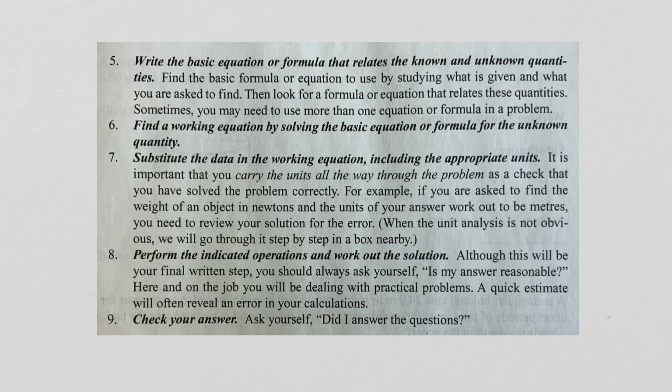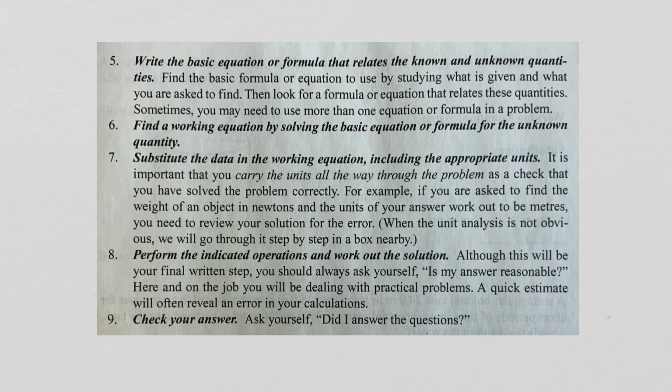Step number 7 is to substitute the data in the working equation, including the appropriate units. So in order to ensure that your answer has the correct units, when you're substituting data in a formula, you must include all units, because you can then do the operations with units to end up with the unit for the final answer. And if you're solving a problem about motion, and if you're looking for time, you know that the unit for the answer must be a time unit.